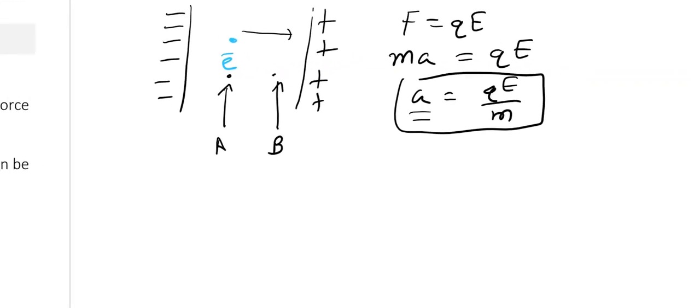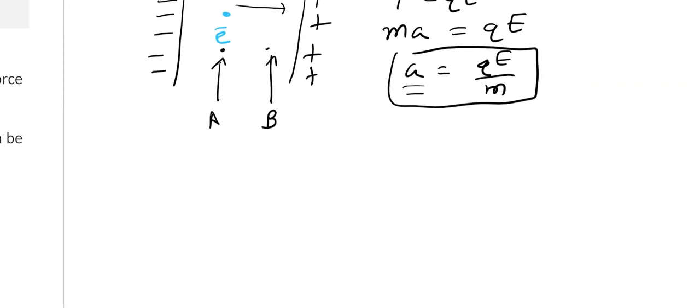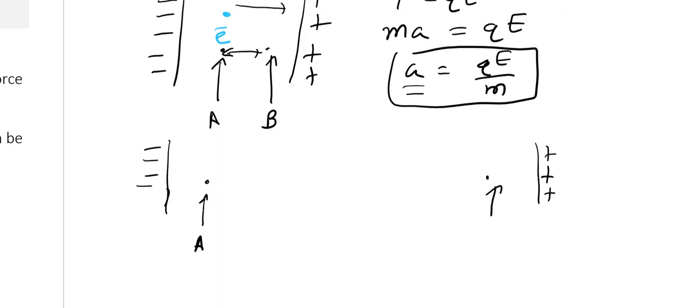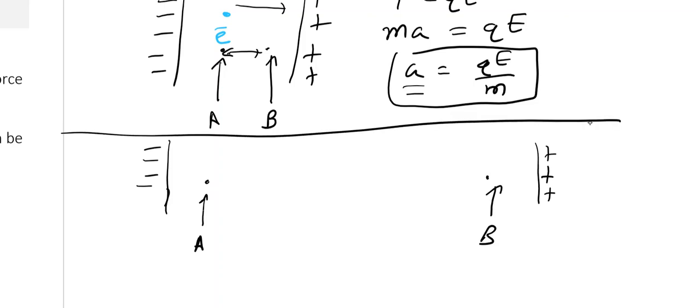But what if I want to give this electron a very large velocity? In that case, I'll have to have a larger area. So if by covering this much distance the particle is gaining some speed, and I'm not satisfied, I'll have to produce this electric field over a larger area, and then by the time it reaches from point A to the other point B, it is covering a significant distance, and its speed will be more.